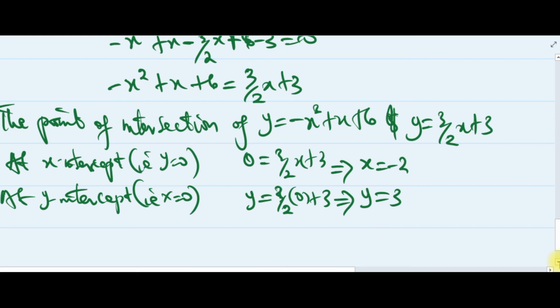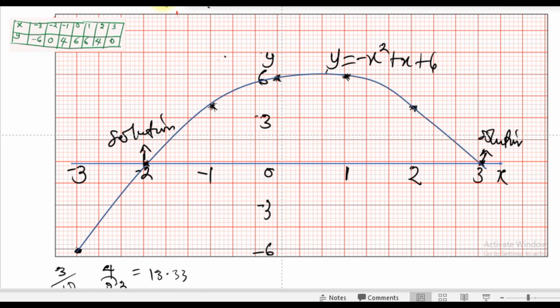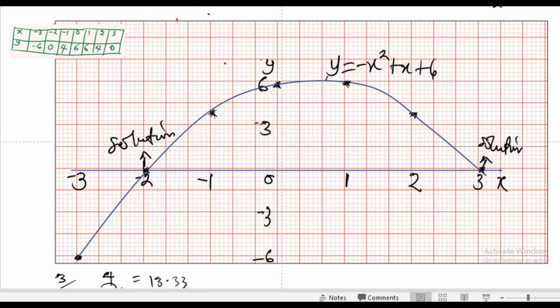So let's now go over to the graph. Okay, so we'll now draw the line, which is a line that passes through minus 2 and 3 and cuts the axis. The line that passes through minus 2 and 3 and cuts the curve.